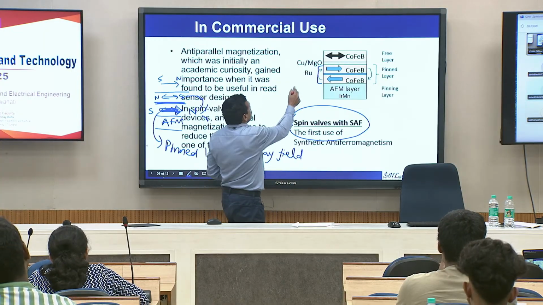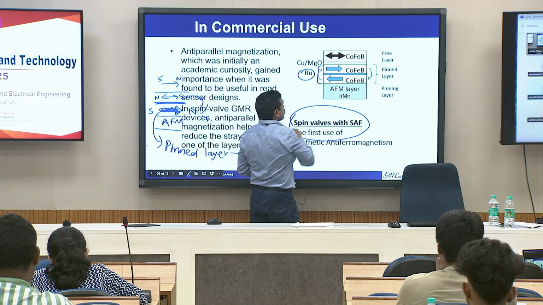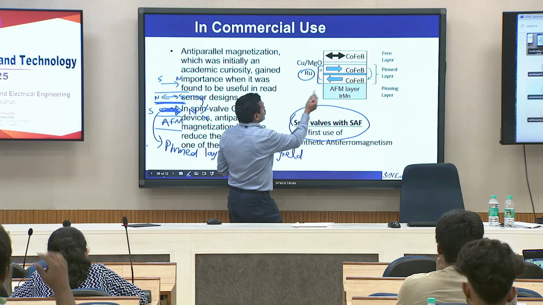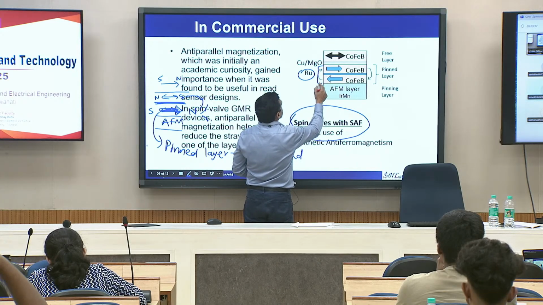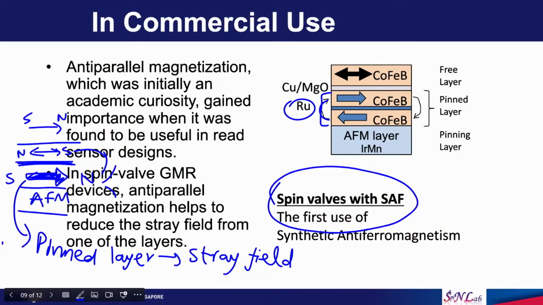Because of the ruthenium, these two layers will have antiparallel magnetization. So, now the stray field from this layer will go here, and the stray field generated by this layer will go here, and none of this stray field will go to the free layer.